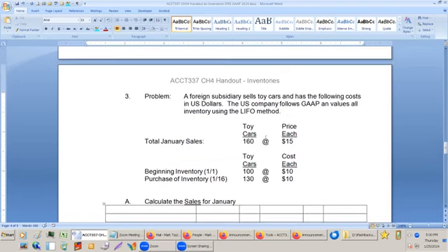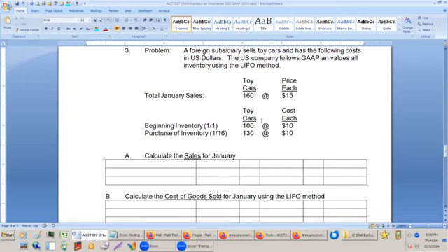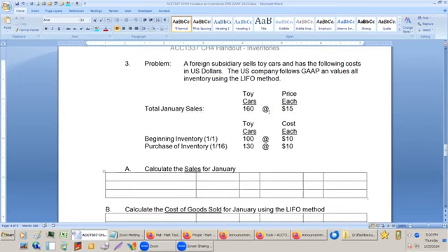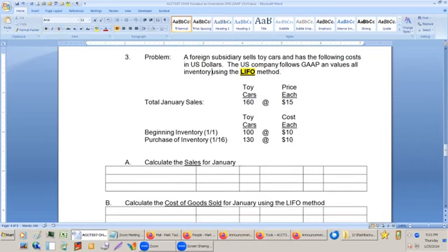Okay, so this will be the same thing, except that they are going to use the LIFO method, last in, first out. Again, nothing actually flows this way, but this is theoretical. Let me change this down here to 12. Make the same change we did before.